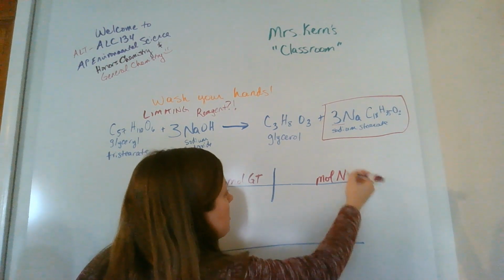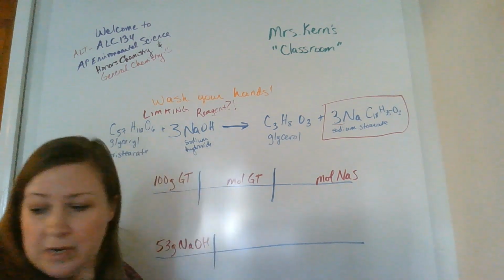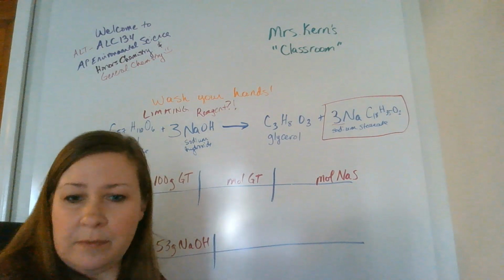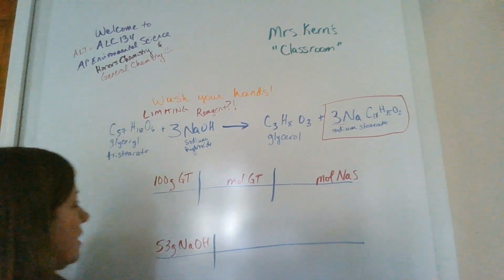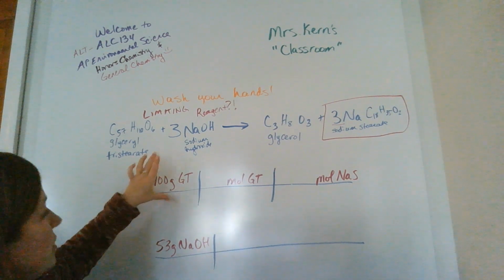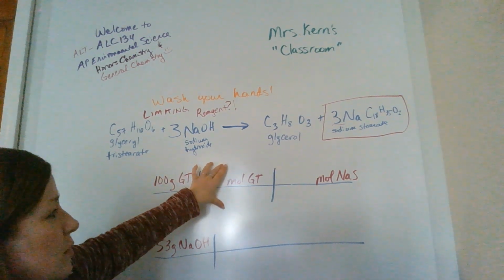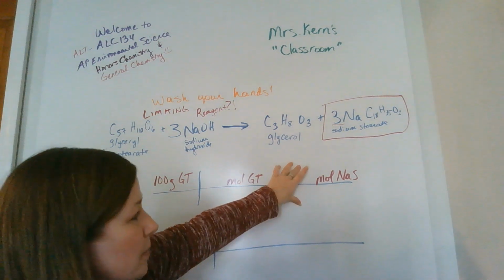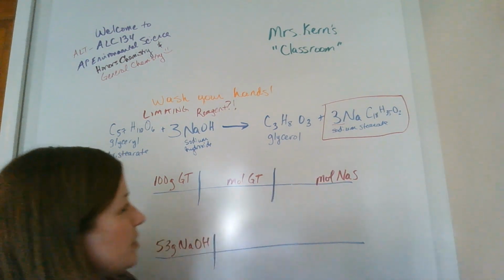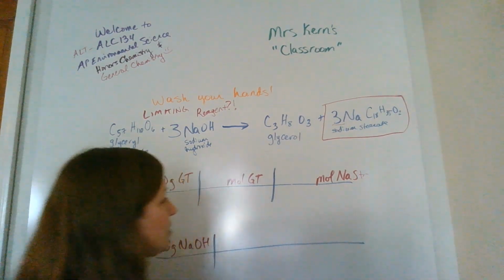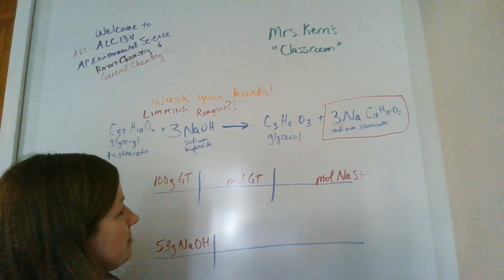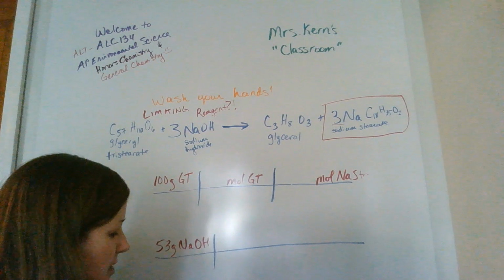Let's call this sodium stearate. Okay, so we've got 100 grams of glyceryl tristearate, and we're going to go to moles of glyceryl tristearate, and then moles of sodium stearate, which I'm going to just abbreviate like that instead of writing out the whole formula.